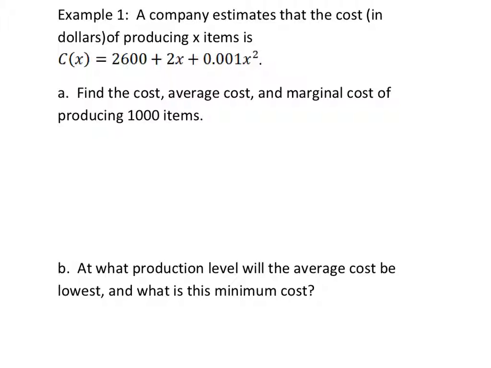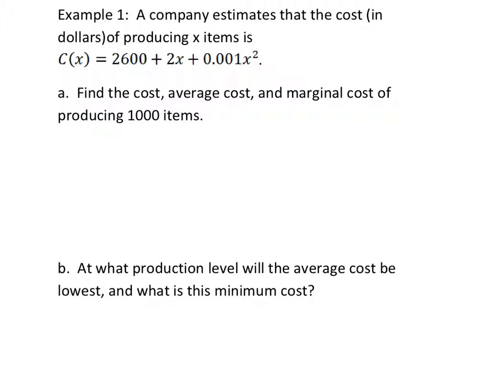All right, so for our first example, we have a company that's producing so many items, and we have this cost function that has been derived. Later on, we will actually derive the cost functions, but for now, we're just going to start with one and see how we use them. We're asked in part A to find the cost, the average cost, and marginal cost of producing 1,000 items.